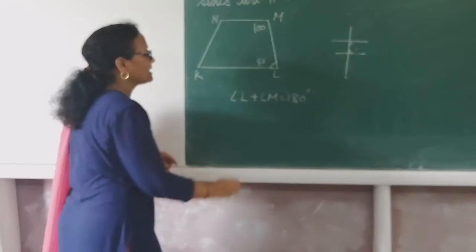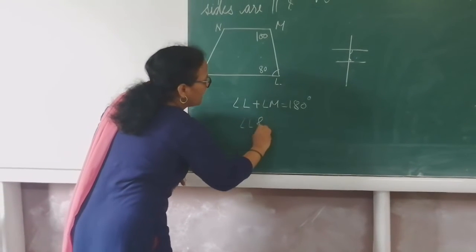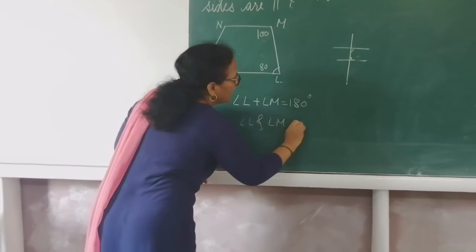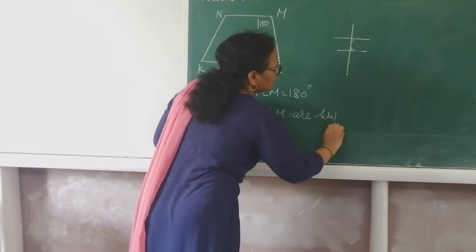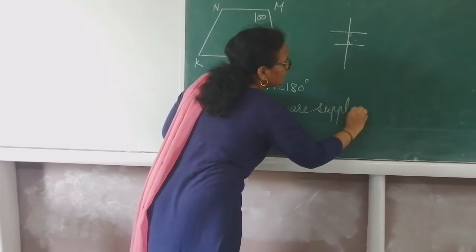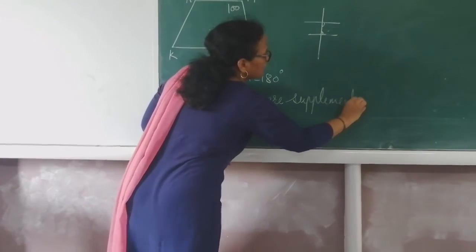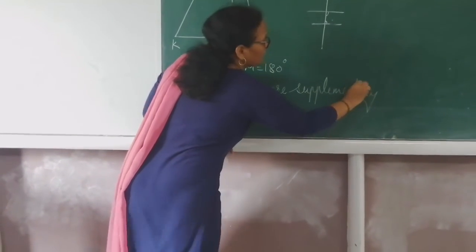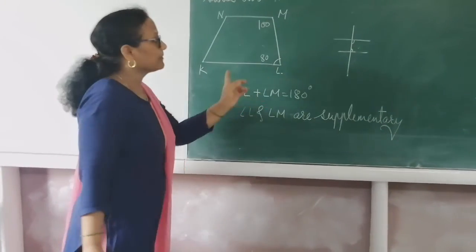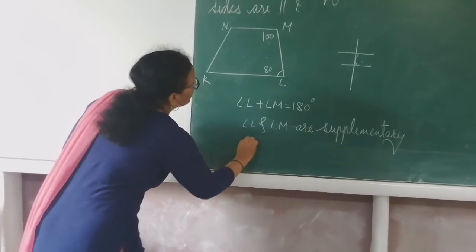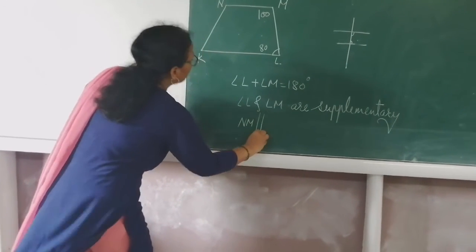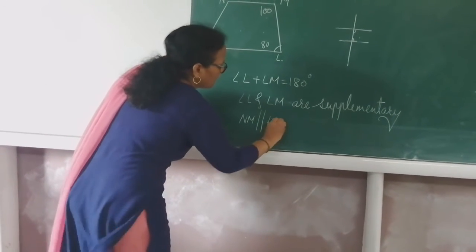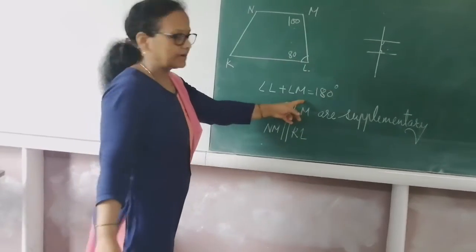That means here we can say that angle L and angle M are supplementary. Okay, as they are supplementary, therefore we can say that NM is parallel to KL.